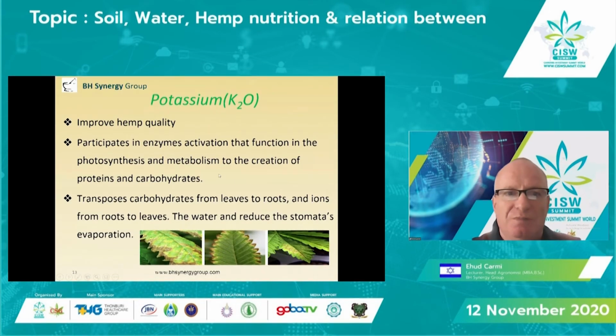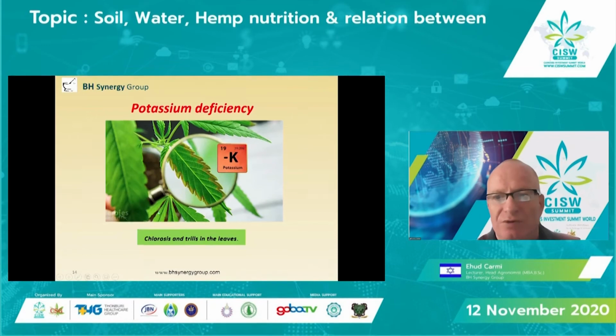Most important, it transfers carbohydrates from the leaves to the roots, and ions from the roots to the leaves. As we can see here, you have chlorosis and necrosis on the margin of the leaf. This is how potassium deficiency looks in the crop.